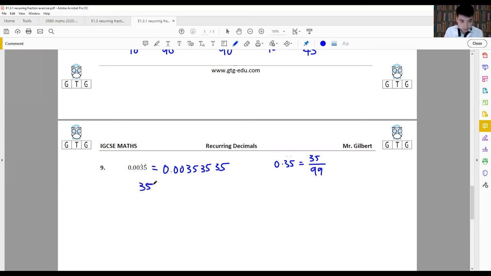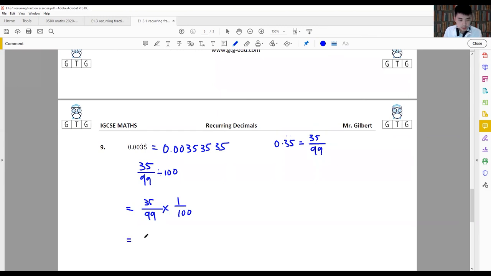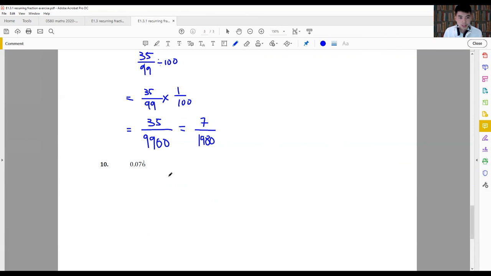So 35 over 99 divided by 100 is going to give you 35 over 99 times 1 over 100. And you can finally simplify it into 35 over 9,900. Now, if the number is too big, always type it into your calculator to get the smallest, most simplified fraction. This will then be converted into 7 over 1980. Okay? Okay, one last question before we end the video.